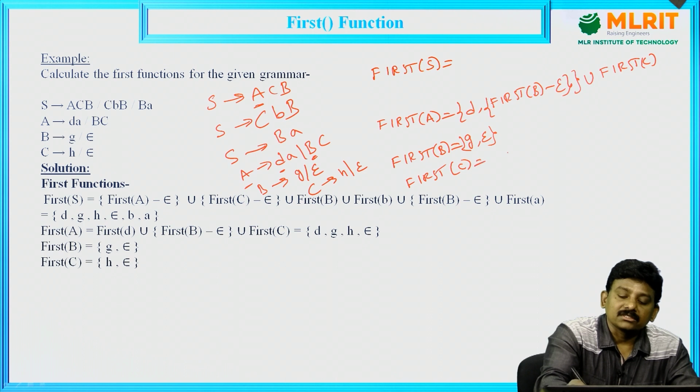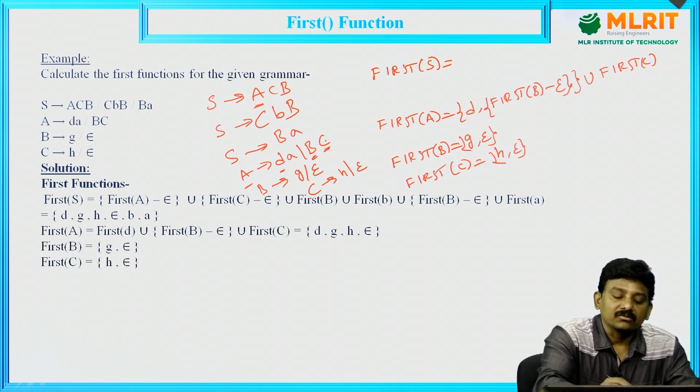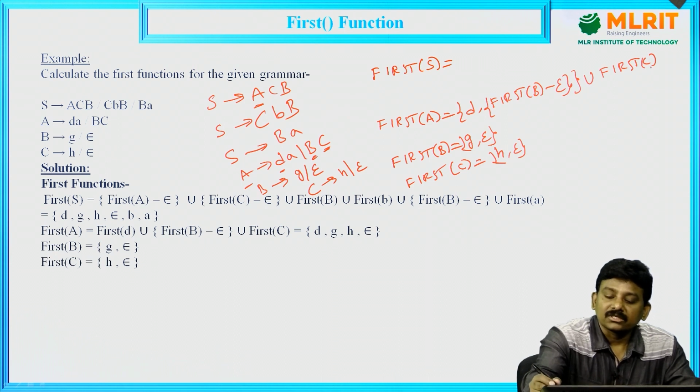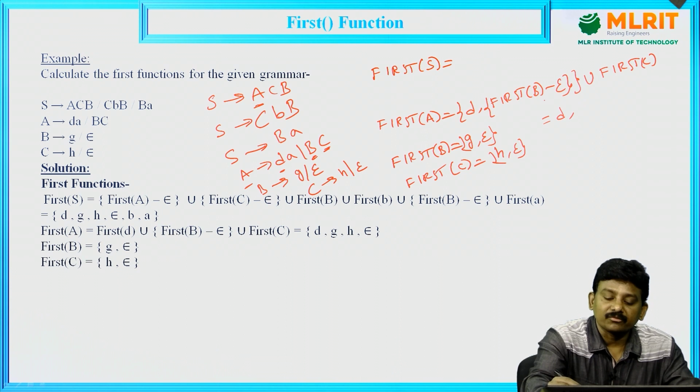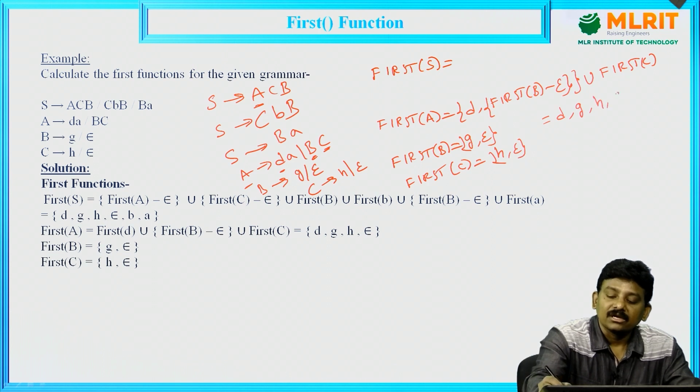First of C is h comma epsilon. Here C is the last symbol, we cannot go further, so you have to take all the symbols. So first of A is d, first of B is g comma epsilon, excluding epsilon that is g, first of C is h comma epsilon. Because it is the last symbol, we cannot exclude epsilon, include epsilon.